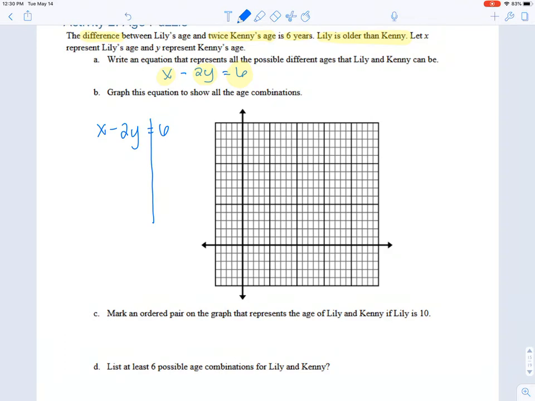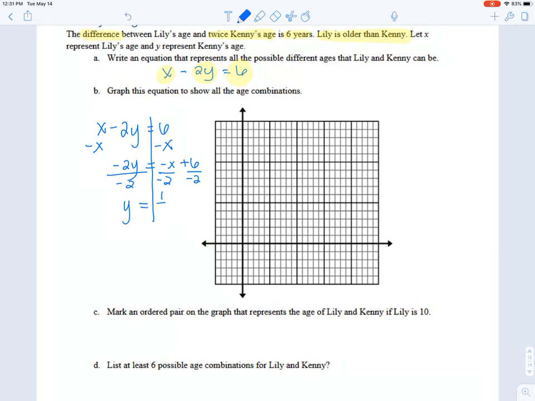Okay, so hopefully you subtracted x on both sides, and you were left with negative 2y is equal to negative x plus 6. Then we're going to divide by negative 2. Make sure you're keeping track of your negative signs because this will end up being y equals positive 1/2 x, because a negative divided by a negative equals a positive.